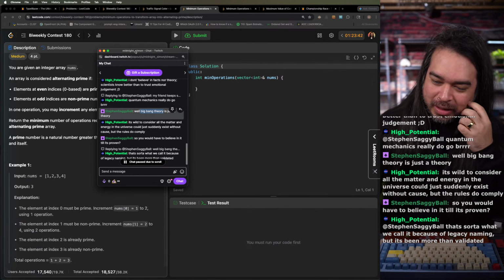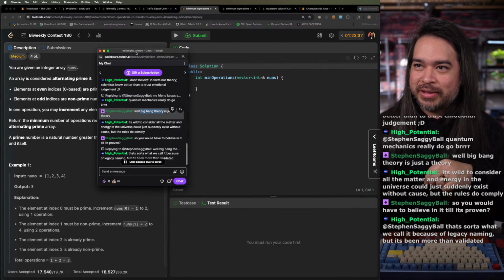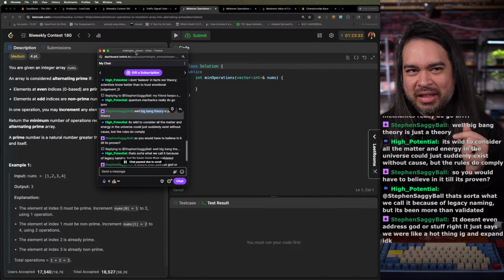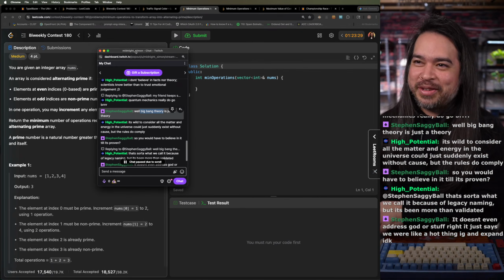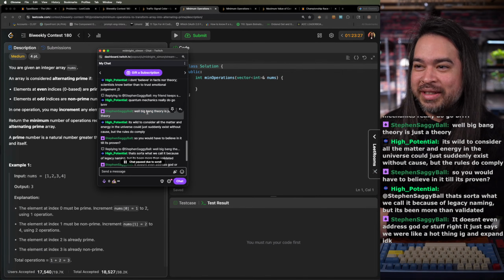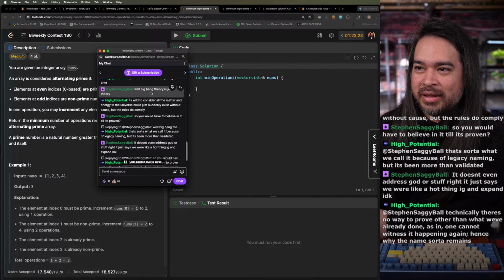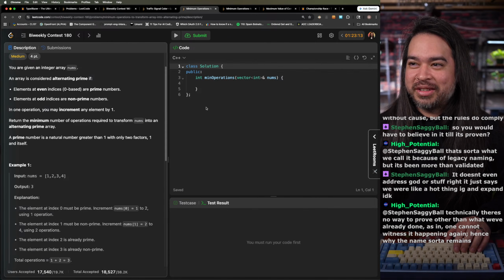I guess maybe some movie talked about some Big Bang, and I just started wondering, dang, is that really how it went down? Or I wonder how it really went down, man. Anyways, it's wild to consider all the matter and energy in the universe could suddenly exist without cause, but the rules do comply, man. Do they?